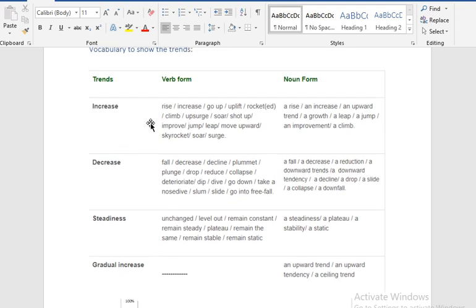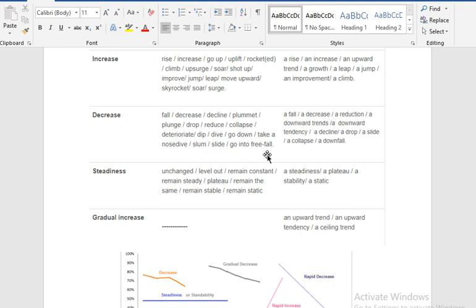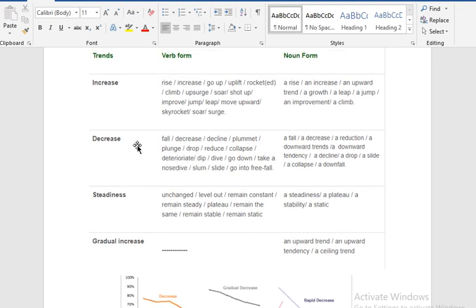And then, if the graph increases from one point to another, you can use the vocabulary of rapid increase, rapid decrease, gradual increase, gradual decrease. There are actually verbs which will show you the changes, and how much change. For example, deteriorate, if there is a decrease in the graph.